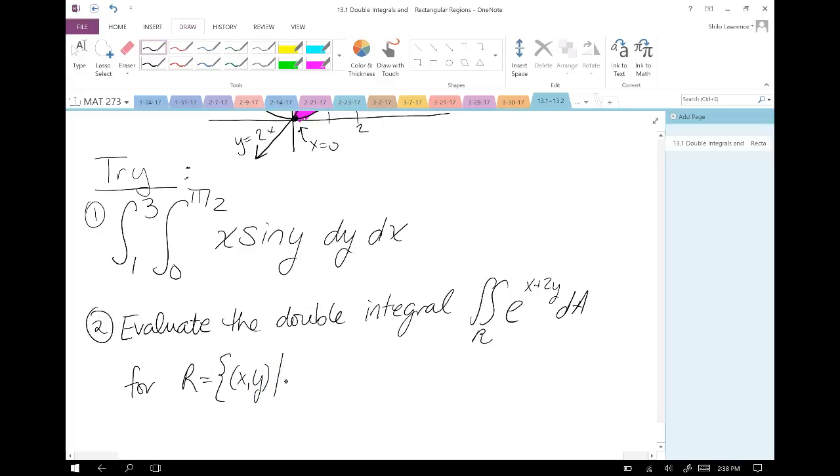And then number 2, we'll talk about what exactly this says, but it's a lot of kind of crazy math notation.